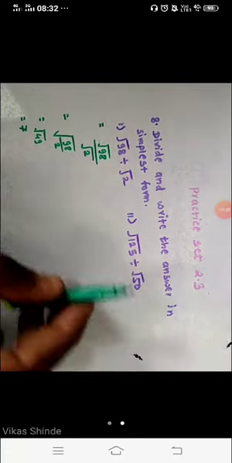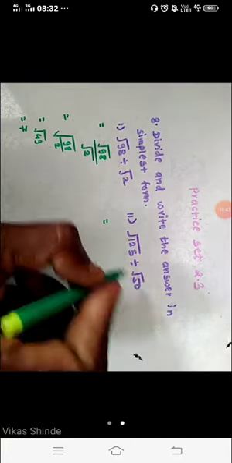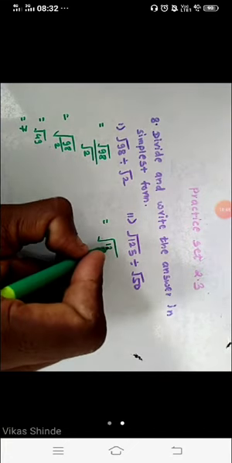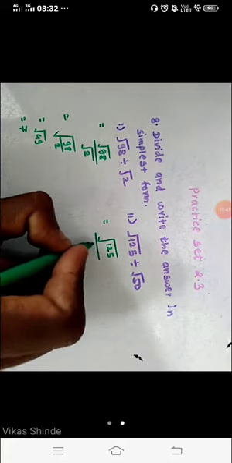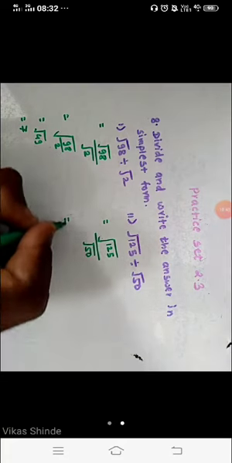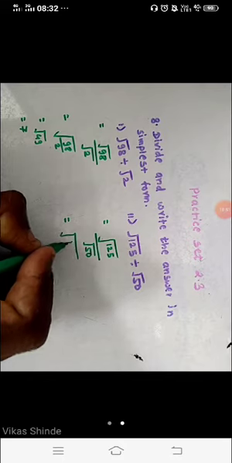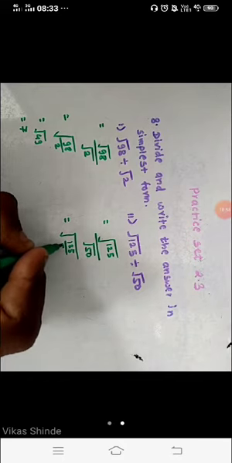In the second question, look here, under root of 125 divided by under root of 50. In the same way we write under root of 125 upon under root of 50, which is equal to, now write both these numbers under a common root sign, 125 upon 50.